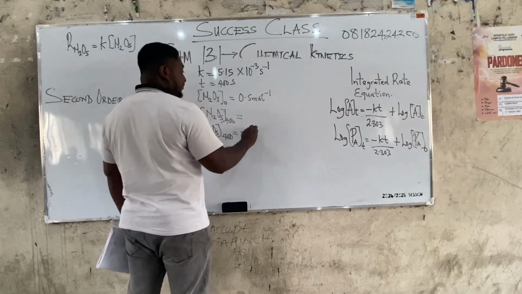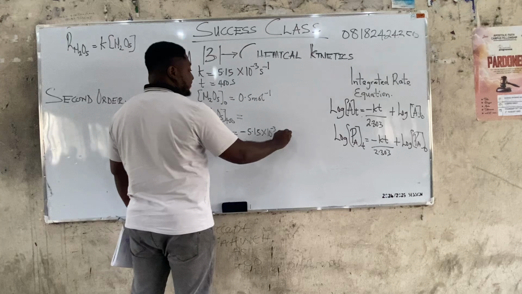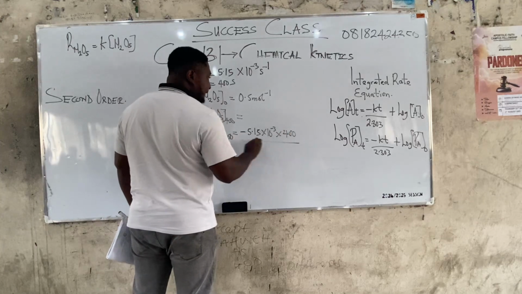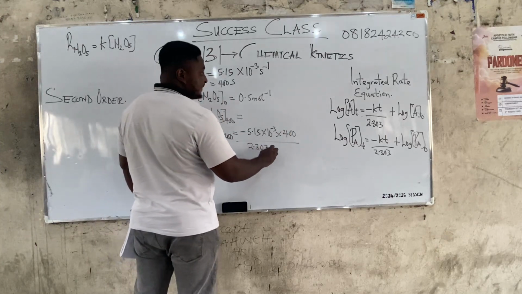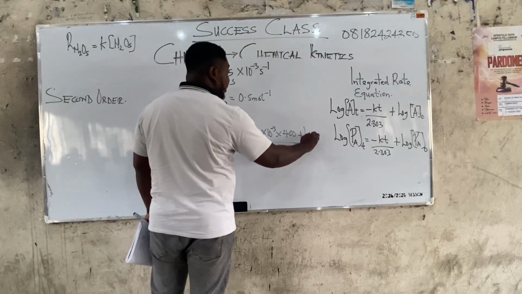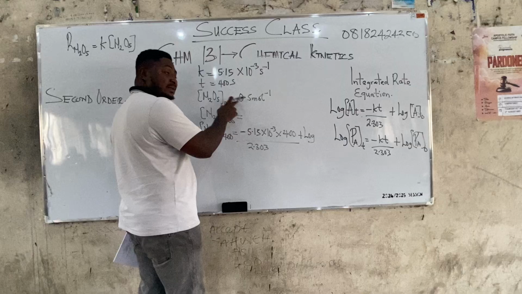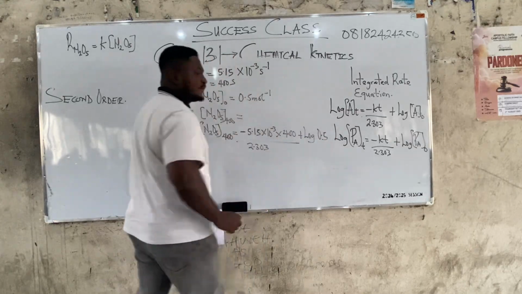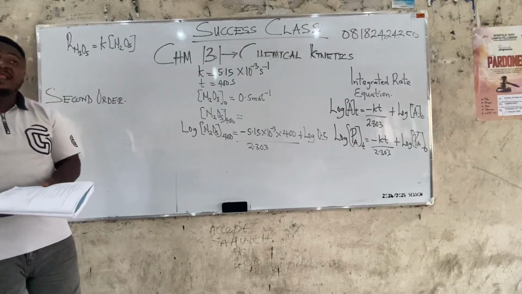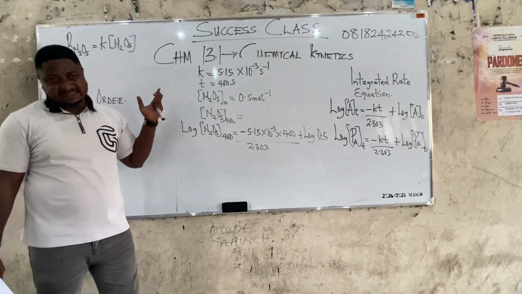What's my K? 5.15 times 10 raised to minus 3. Who is my t? 400. Who is my A naught? N2O5 naught, which is 0.5. Plus log 0.5.